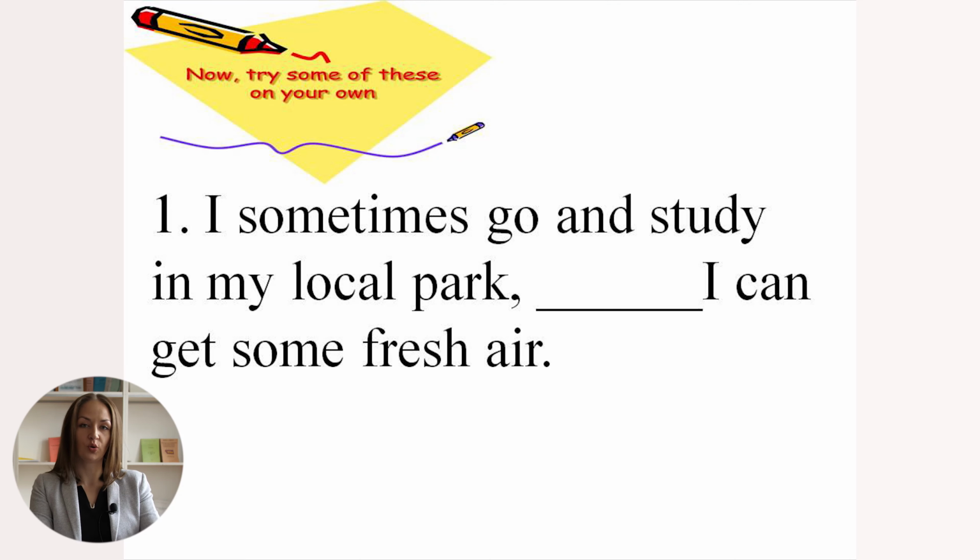The next task, I'm going to read sentences. Your task is to pause and insert the appropriate relative pronoun or adverb, and then we'll check together with you. So, sentence number 1. I sometimes go and study in my local park _ I can get some fresh air.